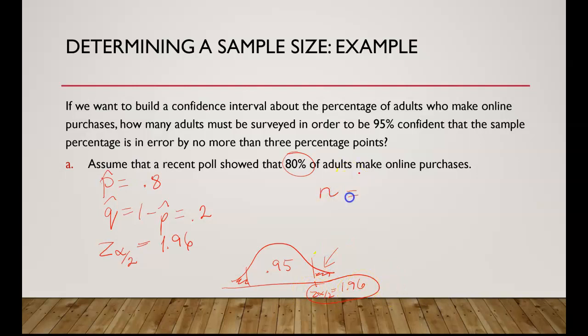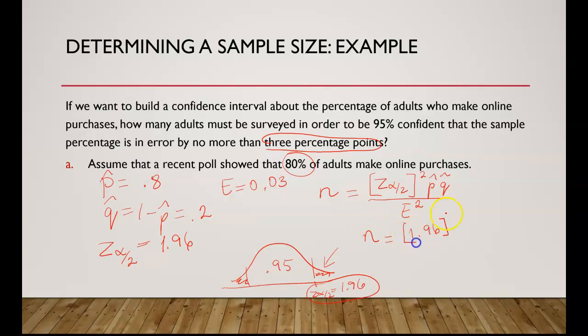I'm going to use the formula with the p hat known, z of alpha over 2 squared times p hat times q hat divided by margin of error squared. Margin of error is 3 percentage points, so e is 0.03 as a decimal.